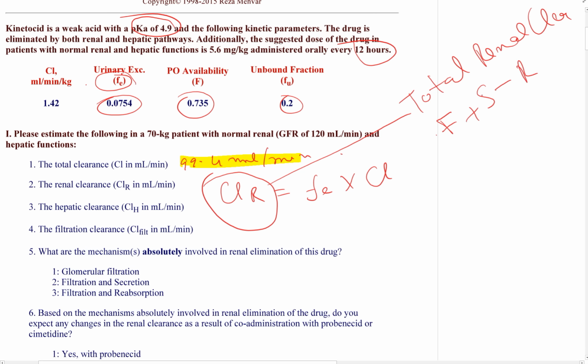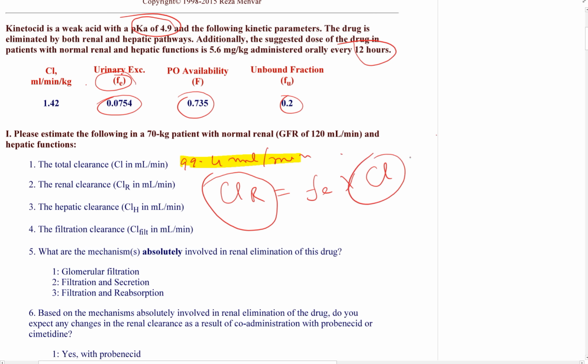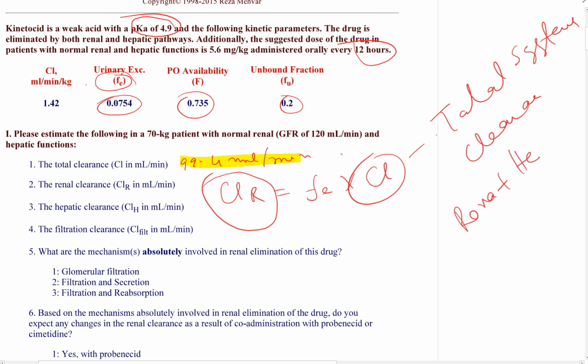And this CL is the total systemic clearance. This is very important, which involves renal clearance plus hepatic clearance plus others, for example in the GI tract. So this you have to remember, and the CL we have calculated is that.